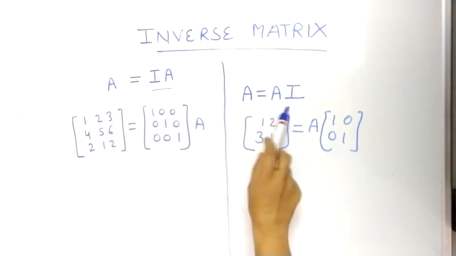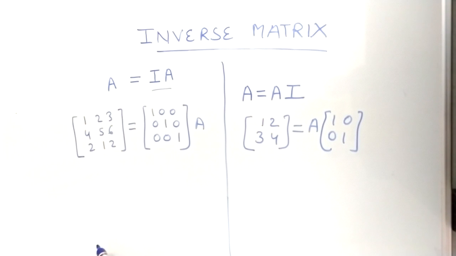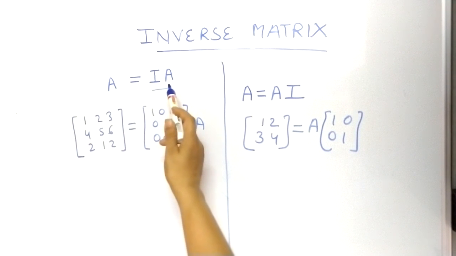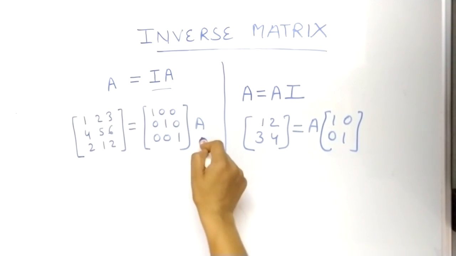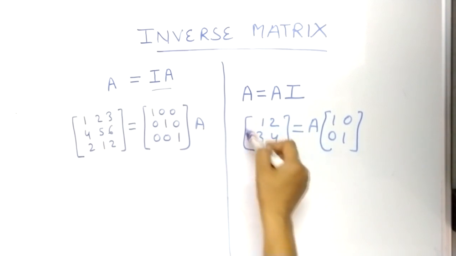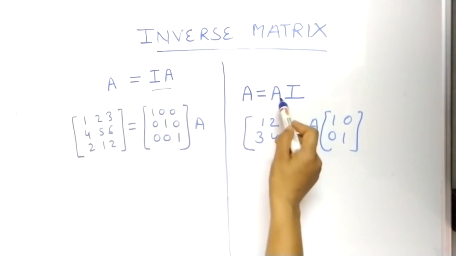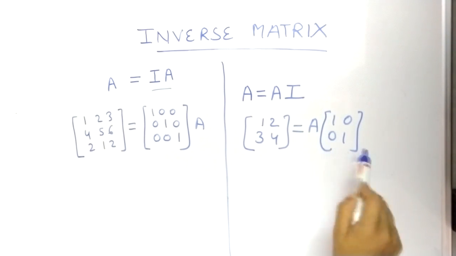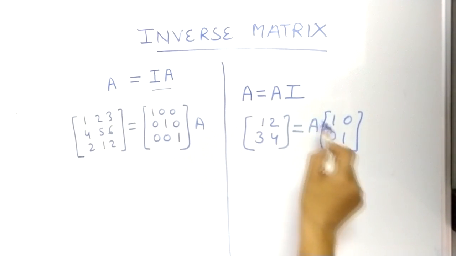Now what you have to do is, on the left side you will write A, and on the right side you don't have to write A again. Leave the A as it is, only write the I. Here also the same: A only on the left side, and on the right side you will write I.